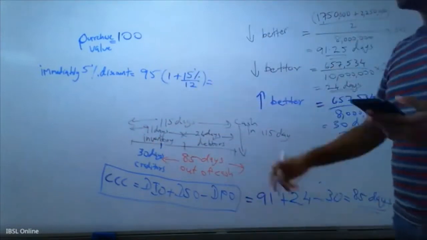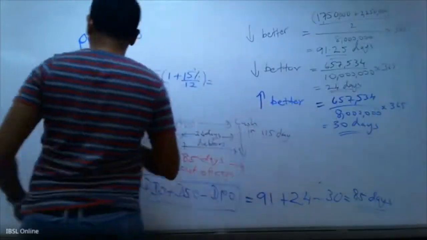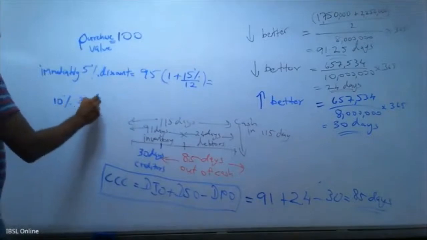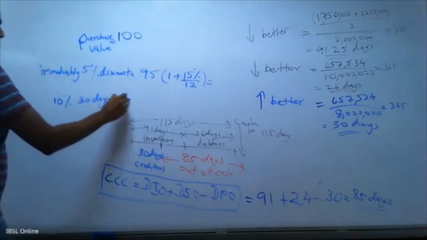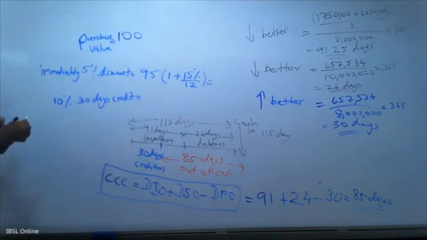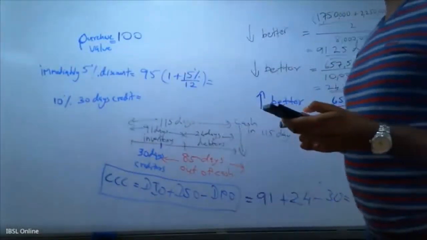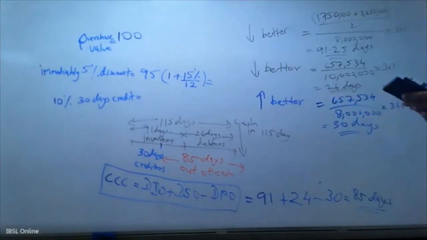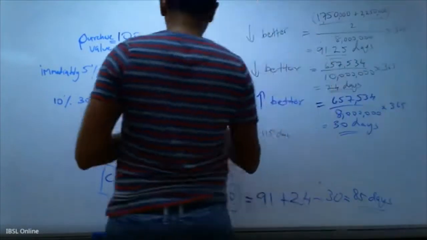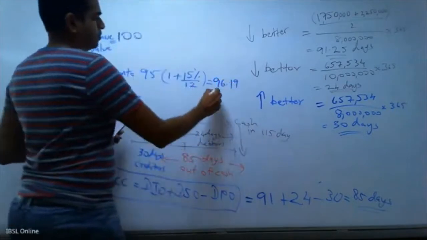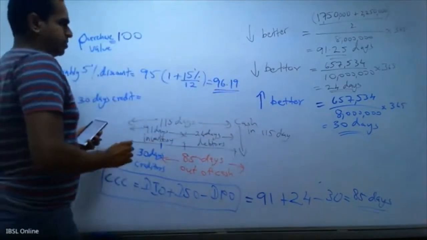The other one is where he charges 10% for 30 days credit. Which is about 96.19. Your effective cost is 96.19 after 1 month.